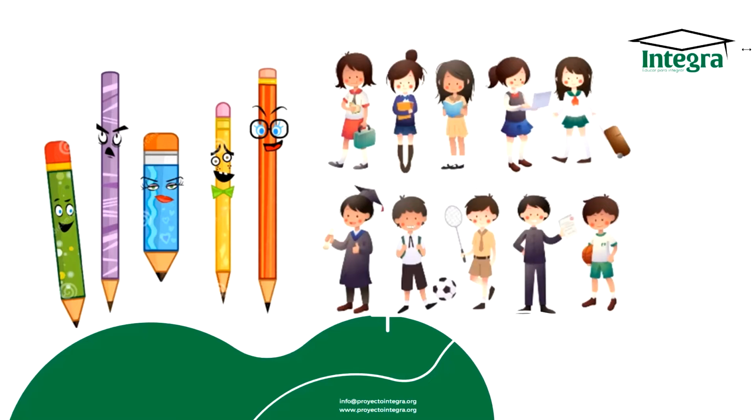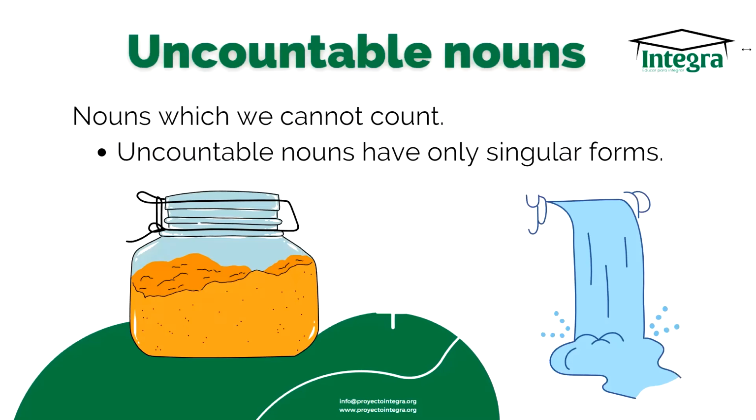We have 1, 2, 3, 4, 5, 6, 7, 8, 9, 10. We have 10 students. We can count these nouns, so they are countable.